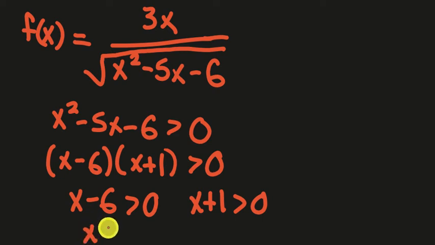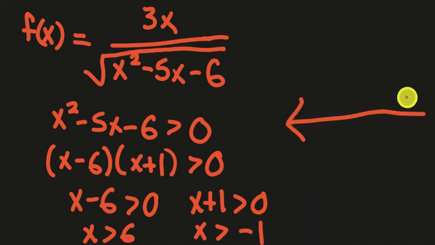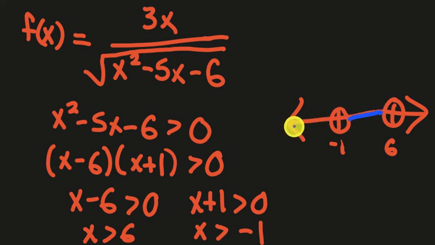And we'll get that x is greater than 6 and x is greater than negative 1. If we draw this on a number line, we have negative 1 here, we'll have 6 here. They're both going to be open circles. Since x is greater than negative 1, we're going to draw it this way. And since x is greater than 6, we also have to draw it here.